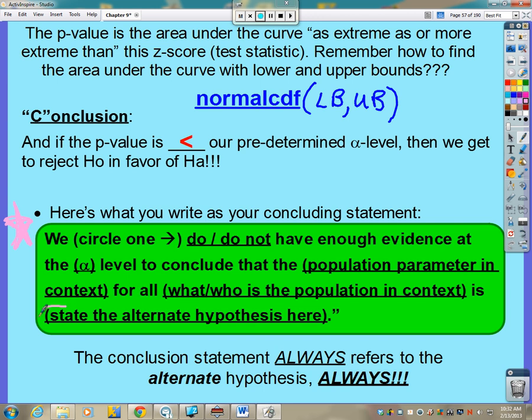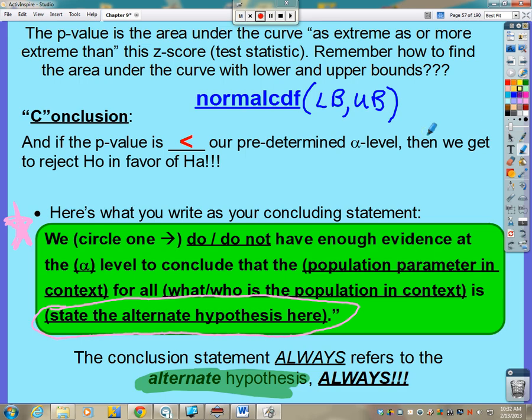The very end of this is always going to refer to the alternate hypothesis. So whatever the alternate hypothesis is, you state that always at the very end of this concluding statement. And now to go back to the beginning of this statement, you either do have enough evidence to conclude that the alternate hypothesis is what you want to go with. So if you say we do have enough evidence, that means that you rejected the null hypothesis.